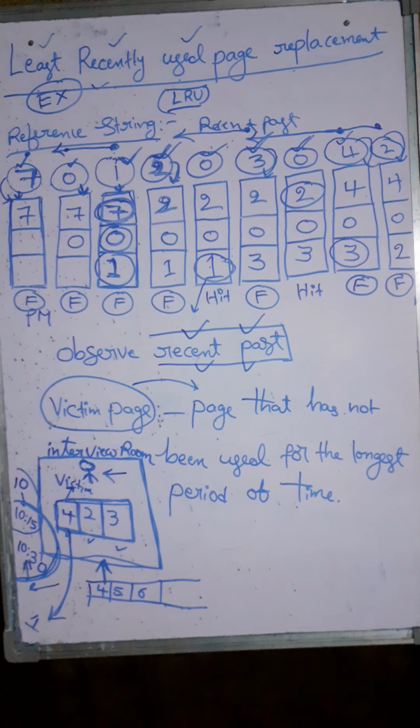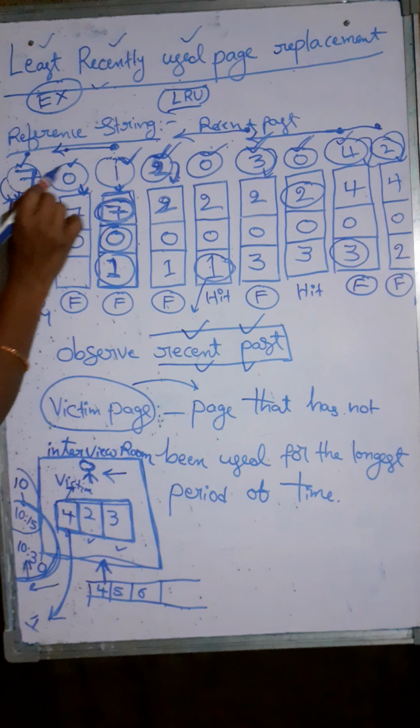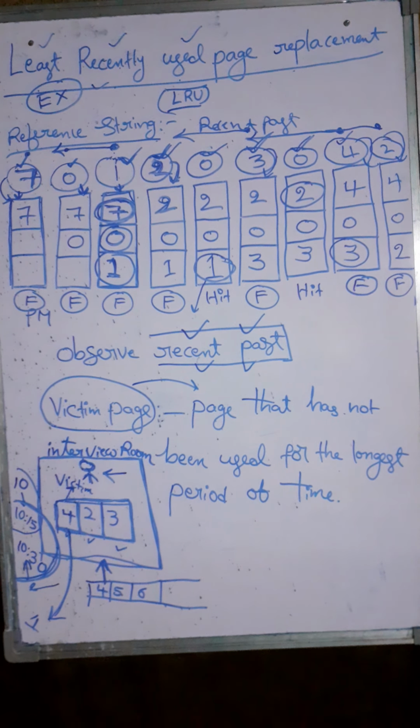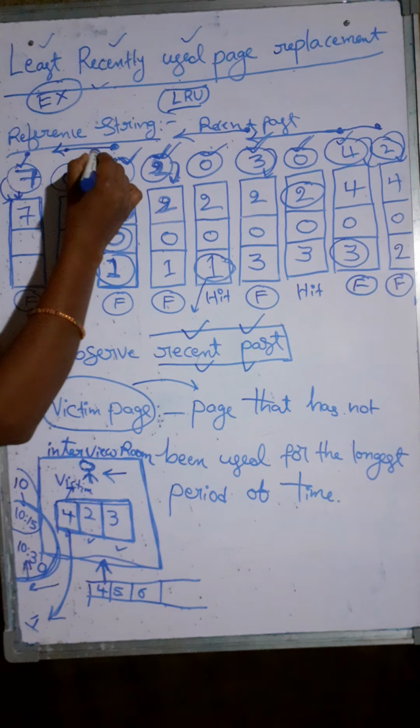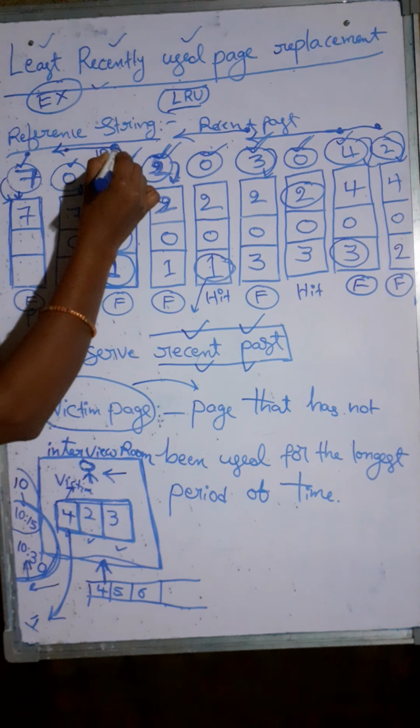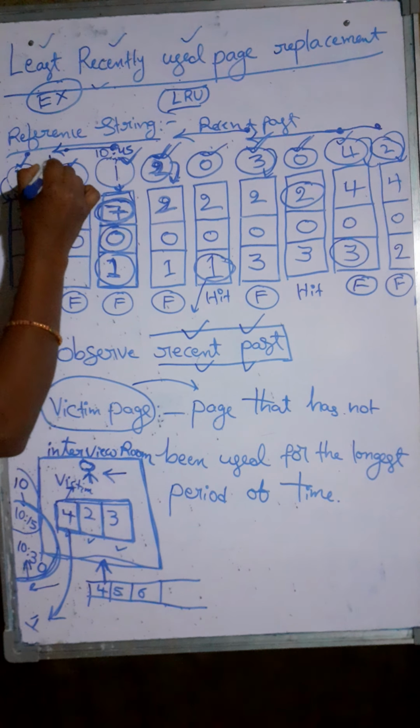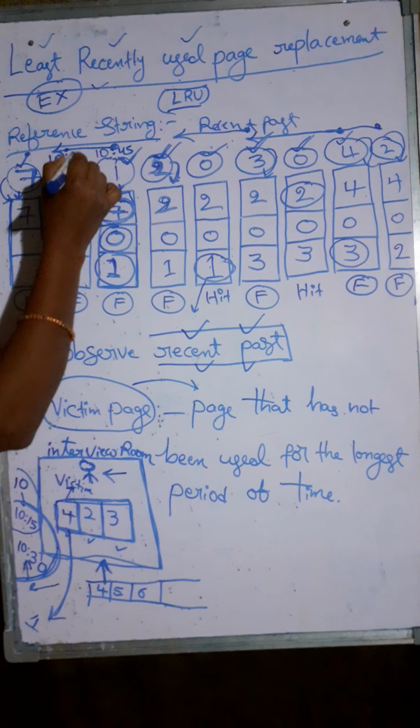In the similar way, LRU, least recently used page replacement algorithm, maintains time information of each page's last use. For example, let us assume that this one is asked at 10:45. Before that, this one is asked at 10:40.